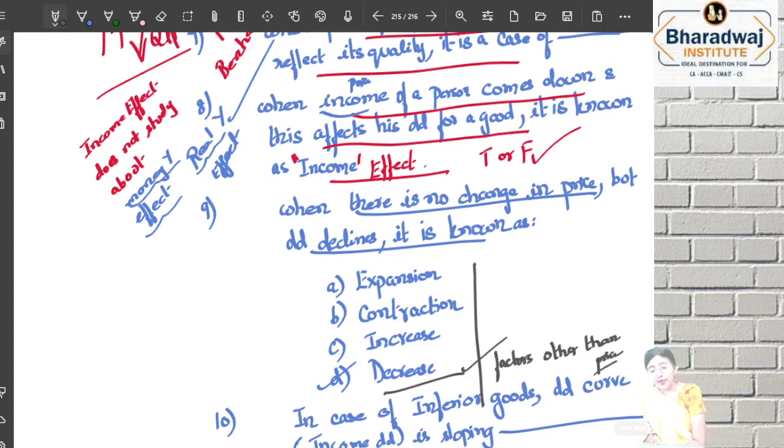Okay. I will draw a diagram and also make you find this out. In case of inferior goods, the demand curve, and the context is income demand, is sloping downwards. Are you sure? 100%?